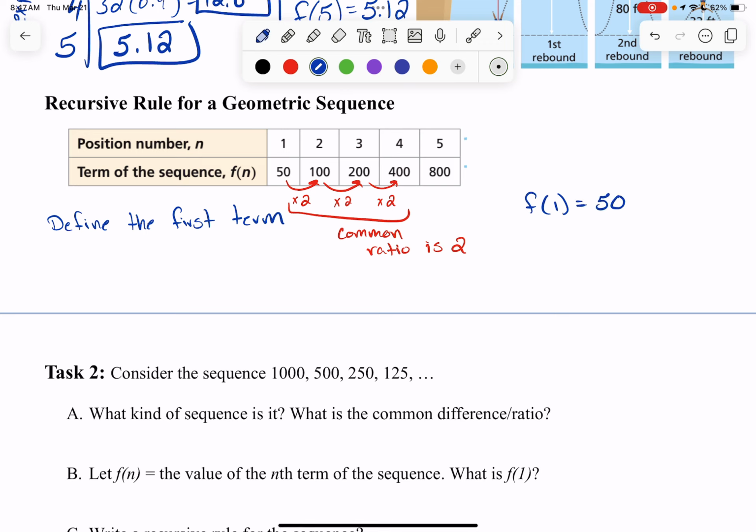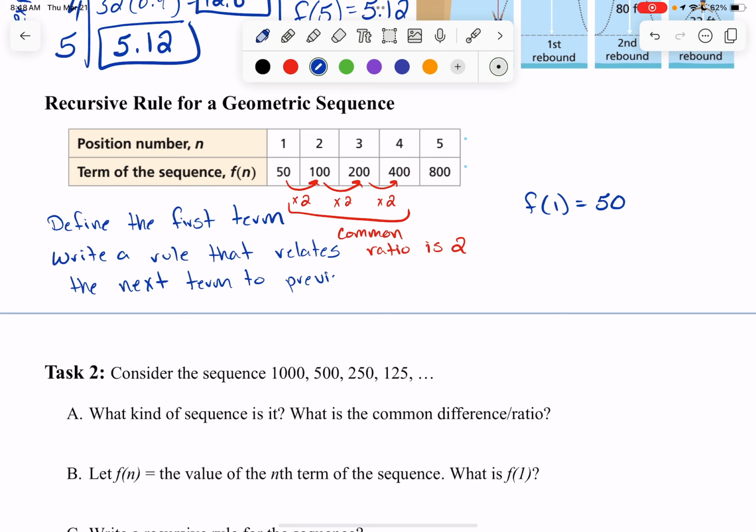And then write a rule. So we define the term, then write a rule that relates the next term to previous terms, or multiples. Sometimes it's more than one term.